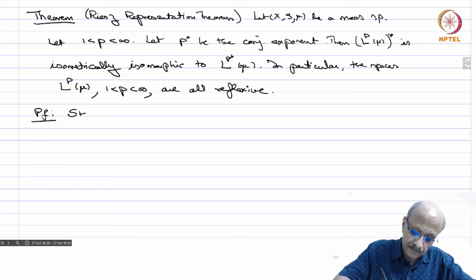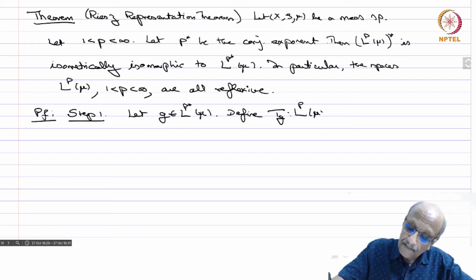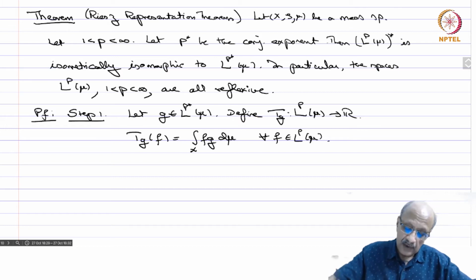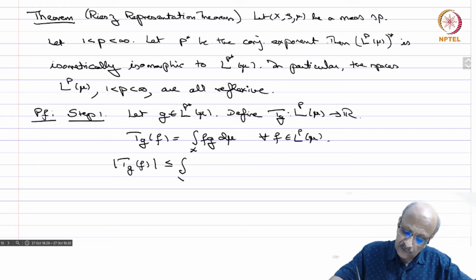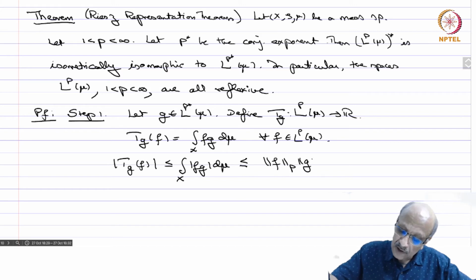Okay, step 1. Let g belong to Lp star(mu), and define, as we have done earlier in the case of sequence spaces, Tg from Lp(mu) to R. So Tg acting on any f equals the integral over x of fg d mu, for all f in Lp(mu). Therefore, |Tg f| is less than or equal to the integral over x of |fg| d mu. f is in Lp, g is in Lp star, so by the Hölder inequality, this is less than or equal to norm f_p norm g_p star.